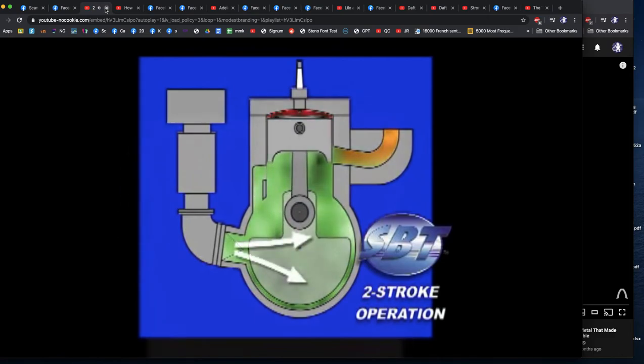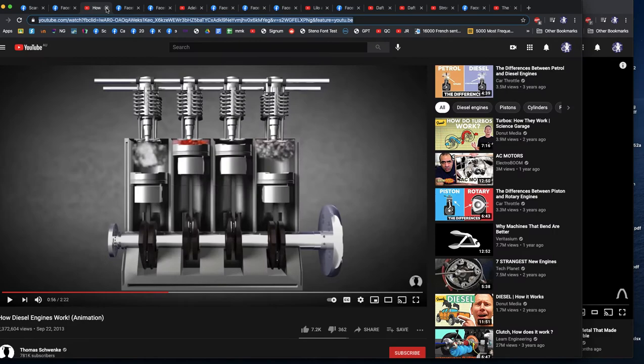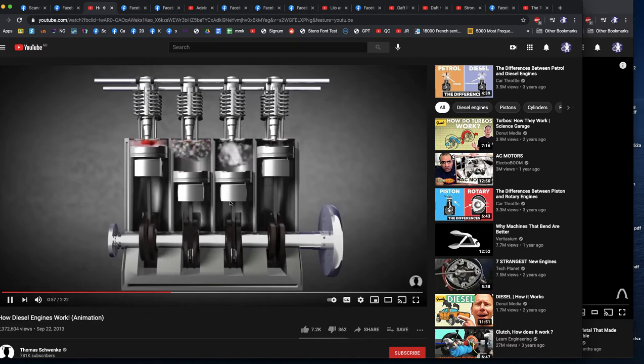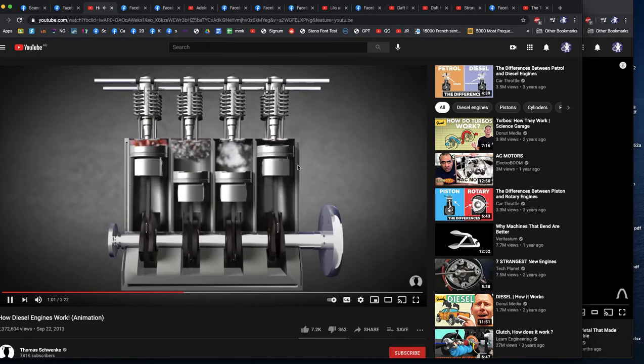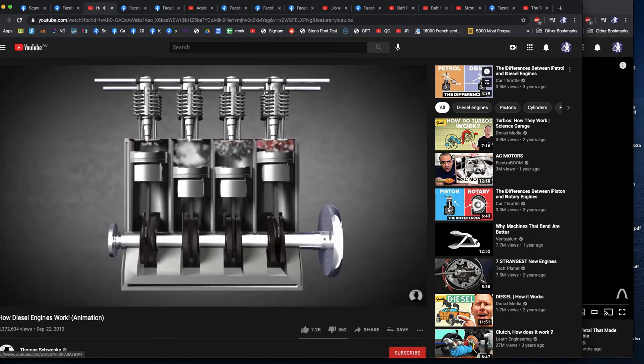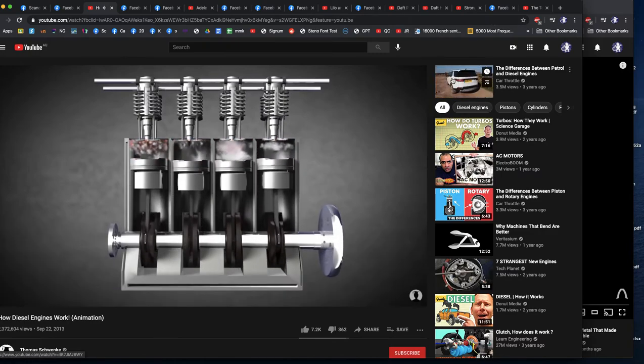This I wouldn't expect you to know too much about. I wouldn't necessarily expect you to be able to answer an exam question on two-stroke engines, but that doesn't mean it's not worthwhile knowing. And then we have diesel engines, which work on the same principles as the four-stroke process. The difference is that they don't have spark plugs. I haven't watched these videos, so I can't say specifically.